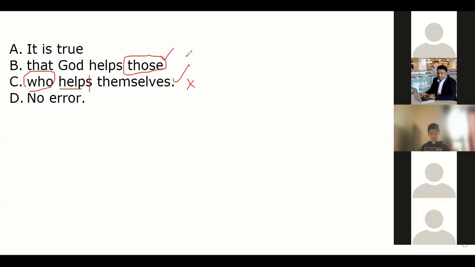Yeah, because with a singular subject you use a singular verb, and with a plural subject, a plural verb. So guys, because we are using those, and we also know themselves, we're talking about plural. The plural form of helps is help. You are right. Thank you, everybody.